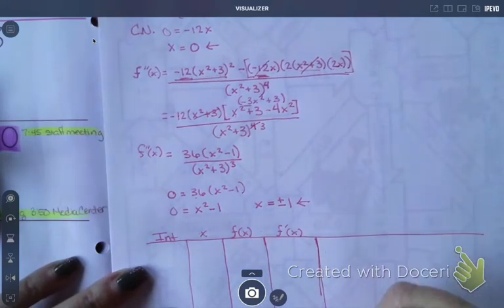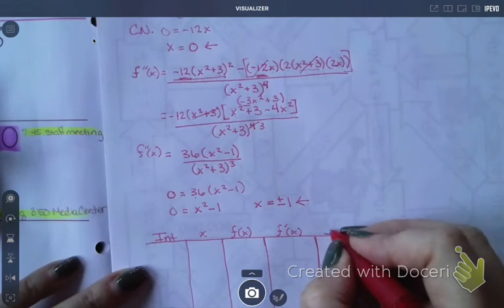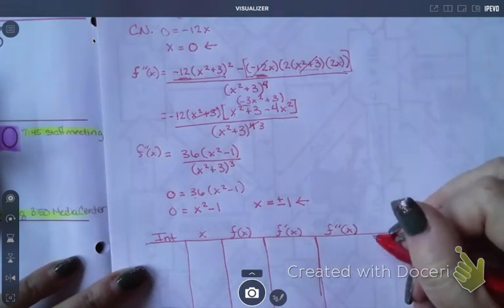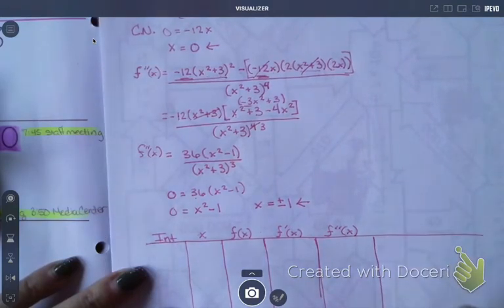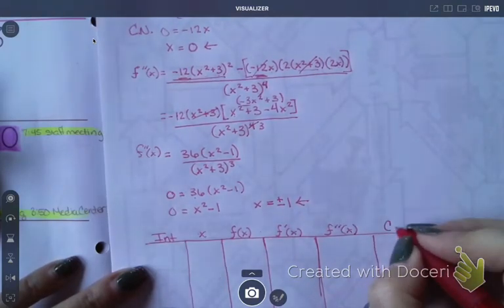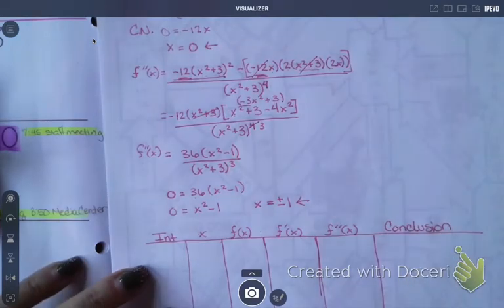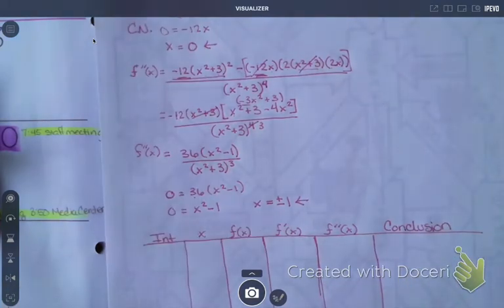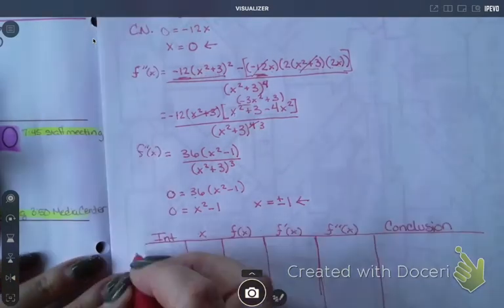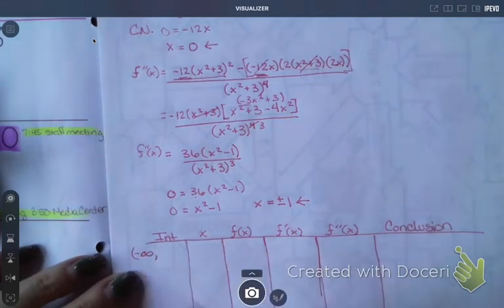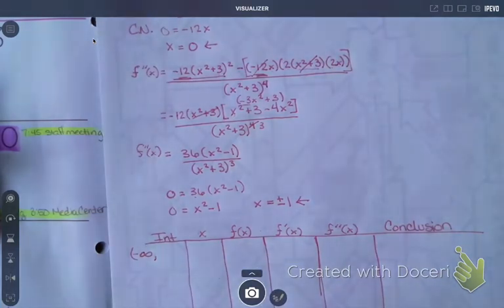And I have my f double prime of x, and I have my conclusion. So I'm going to start at negative infinity. And what's my first value I need to look at? Negative 1.